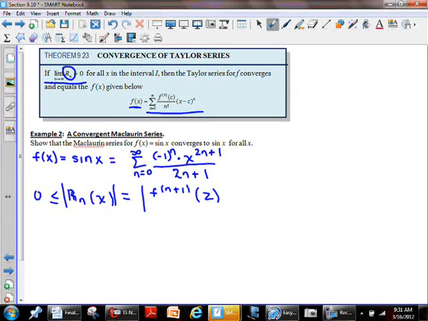Other textbooks use other letters. Then times x to the n plus 1, because we are centered at 0. This is a Maclaurin series, so I don't have to put an x minus c there, to the n plus 1 power, all divided by n plus 1 factorial. That's the definition of our remainder.